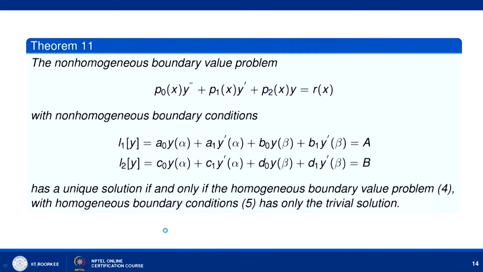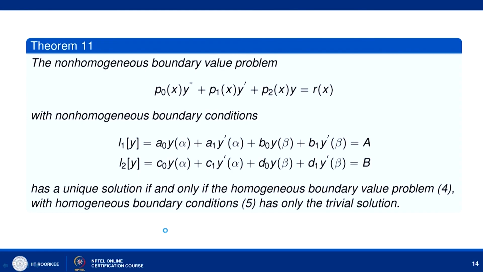So we have seen that in a homogeneous boundary value problem, we can have one trivial solution or infinitely many non-trivial solutions. Now let us look at the non-homogeneous boundary value problem with non-homogeneous boundary conditions: p0(x) y'' + p1(x) y' + p2(x) y = r(x), with boundary conditions L1 y = a and L2 y = b.